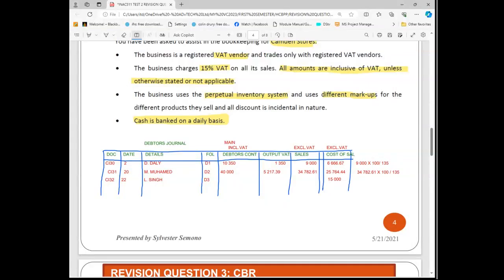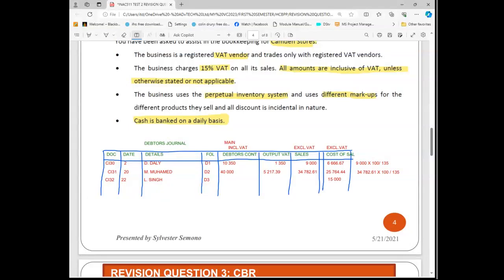The output VAT first. Never. The output VAT can never be calculated on cost of sales. So let's say, for example, when we were calculating the output VAT, were we using cost to calculate this amount? No. Cost of sales will never be used.